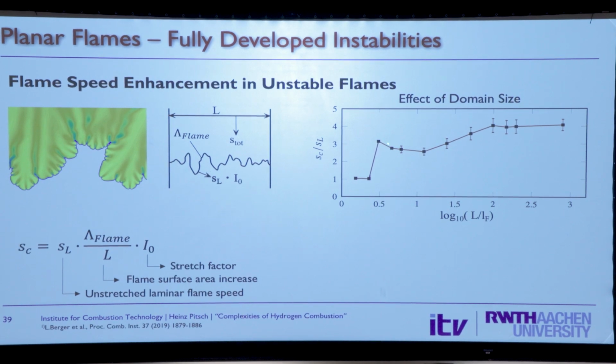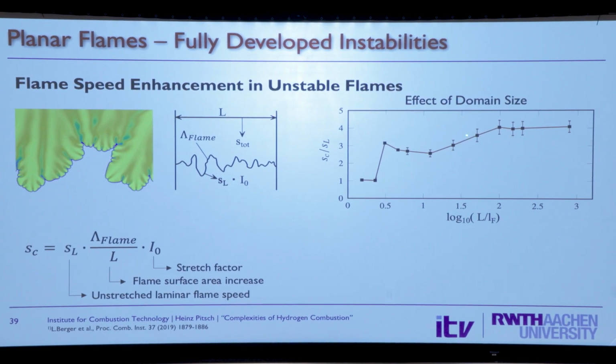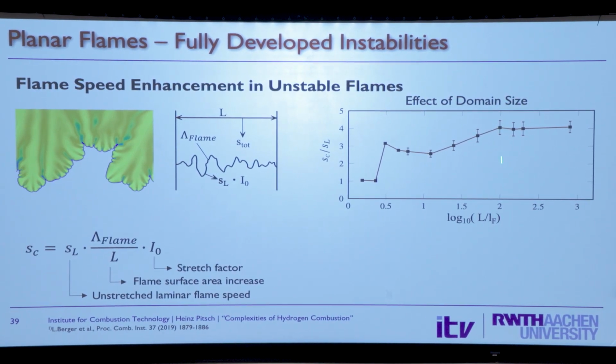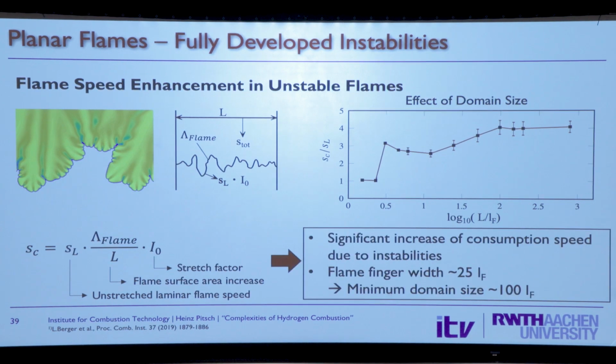And then you get a jump where it gets unstable. And then it still keeps growing. But when you are about 100 flame thicknesses wide, it becomes independent. So there is a largest size of these flame fingers. It turns out it is about 25 flame thicknesses, and then it doesn't grow anymore. So we need a domain size of at least 100 flame thicknesses to become independent of the domain size.